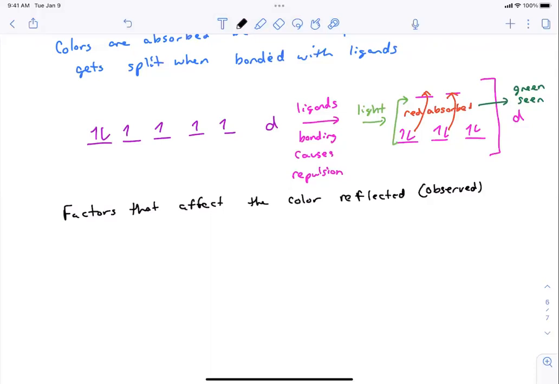The three factors are as such. One, the metal ion itself. The identity of the metal ion is one of the factors because that affects how many protons are in the nucleus, which affects how much it splits.